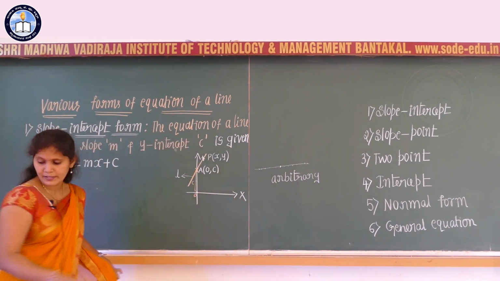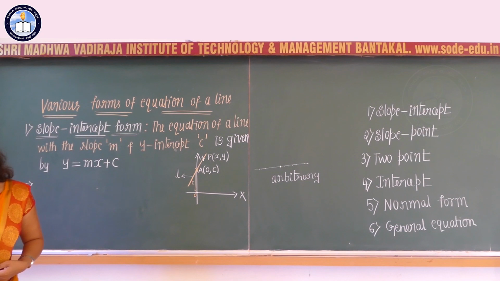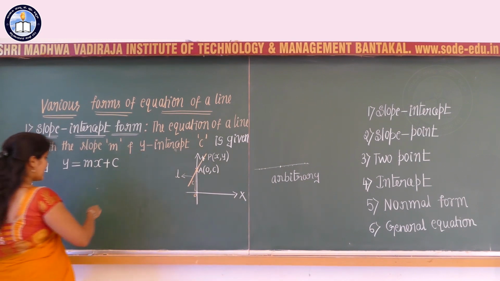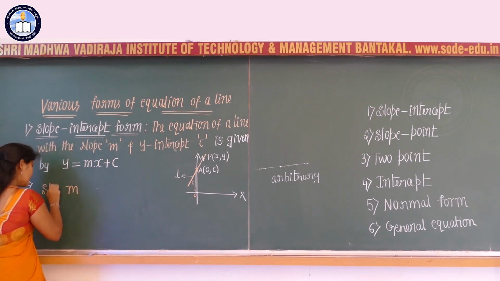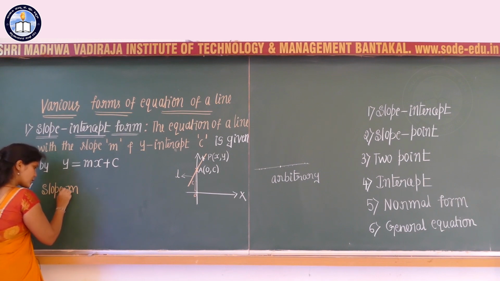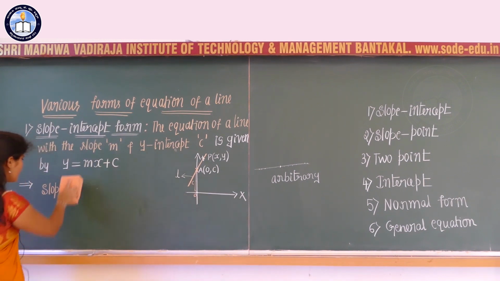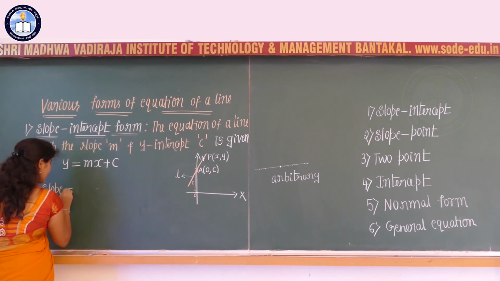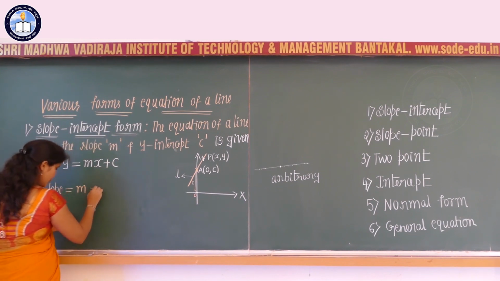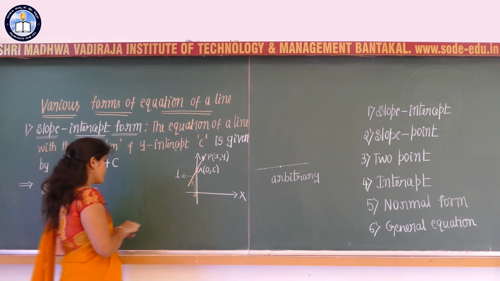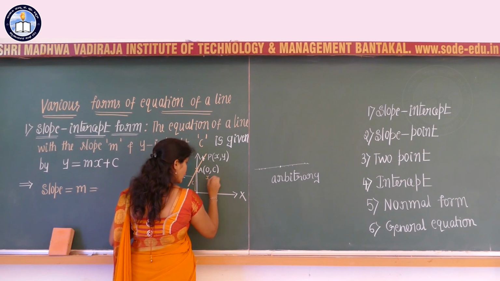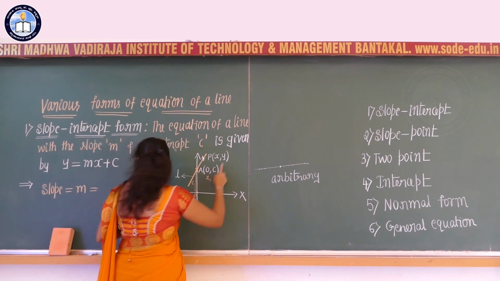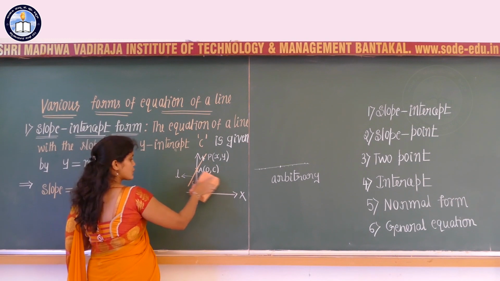So here let me consider m as the slope of the line, where m is nothing but the slope of the line joining these 2 points. The first point I will consider as x1 comma y1, and the second point as x2 comma y2.